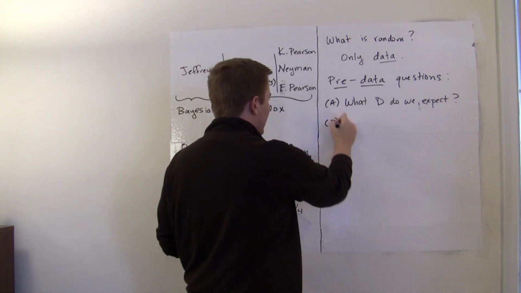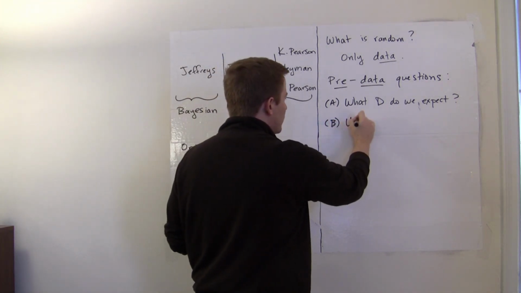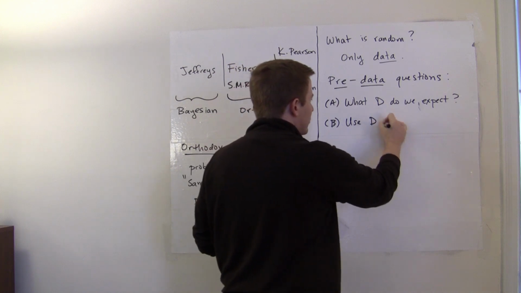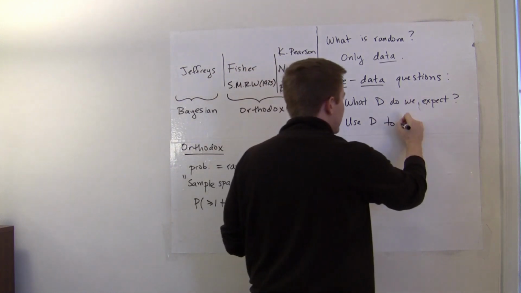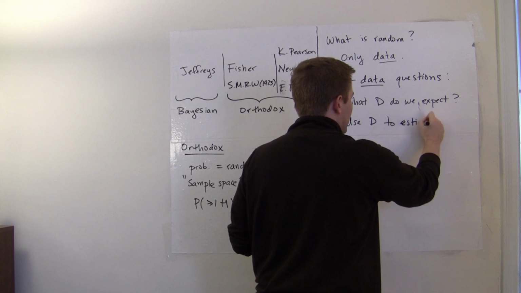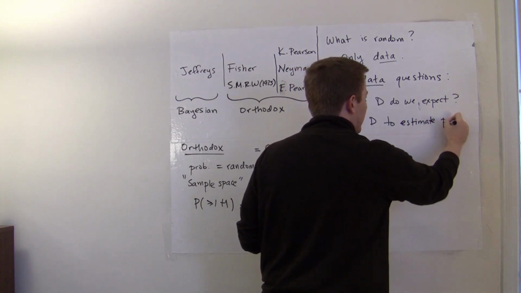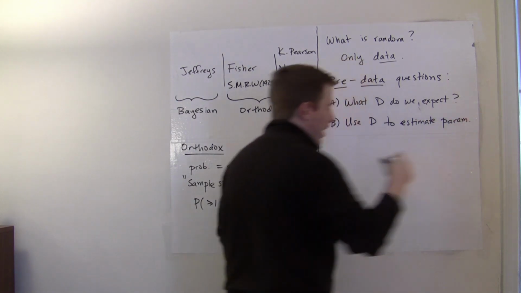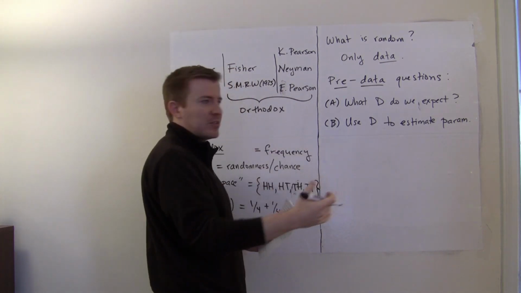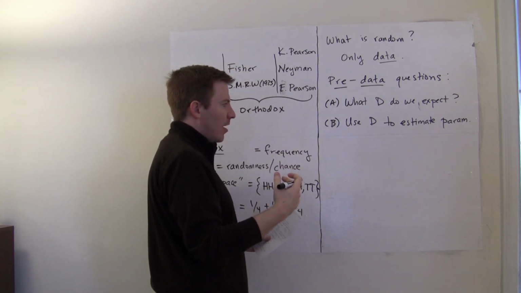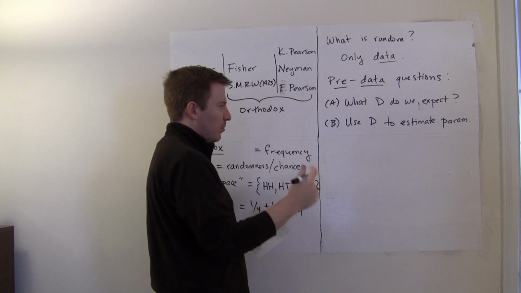Another question might be, let's say that we use the data to do some estimation, so let's say we use it to estimate an unknown parameter. Okay, so we have some defined procedure by which we turn the data into some parameter estimate for something we don't know.